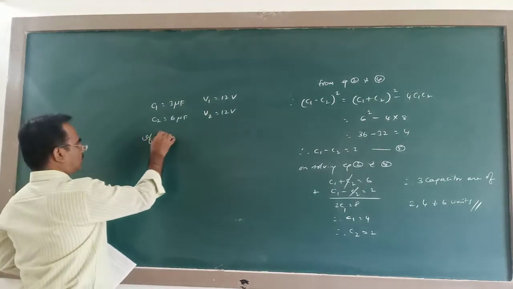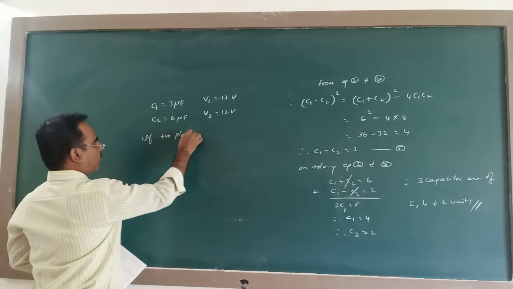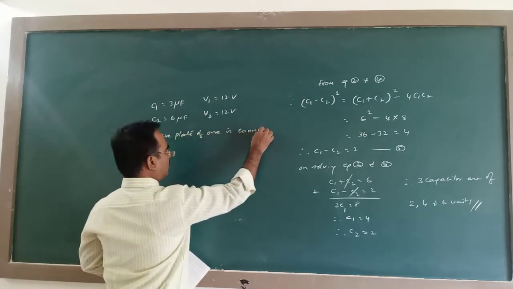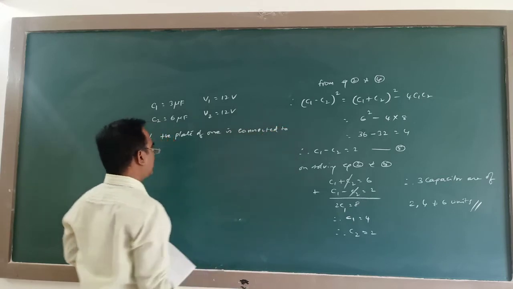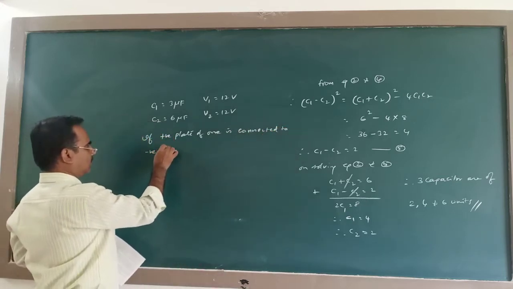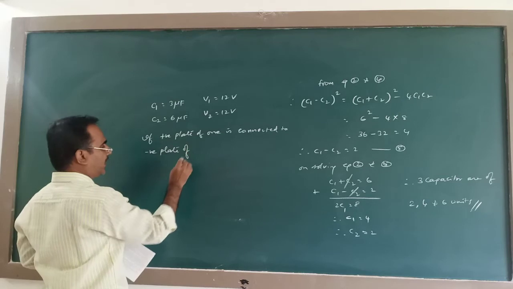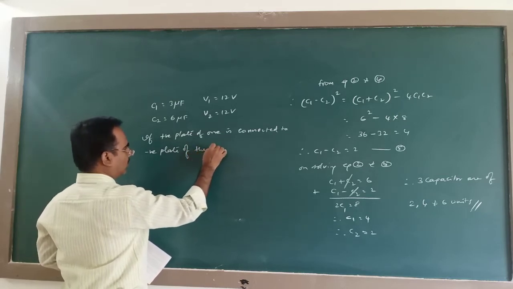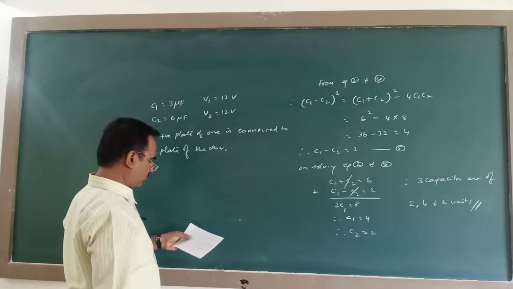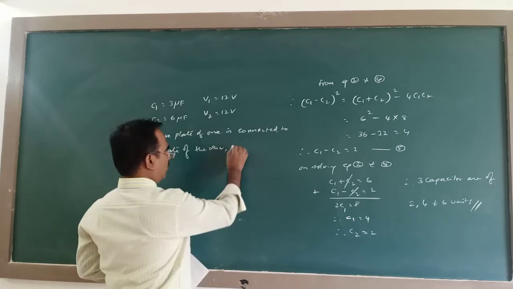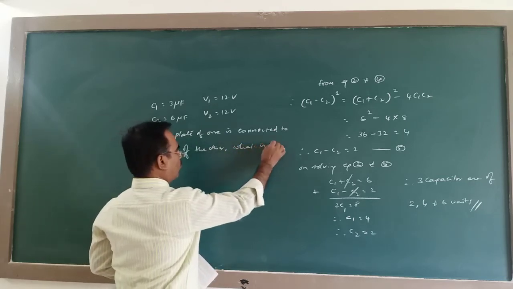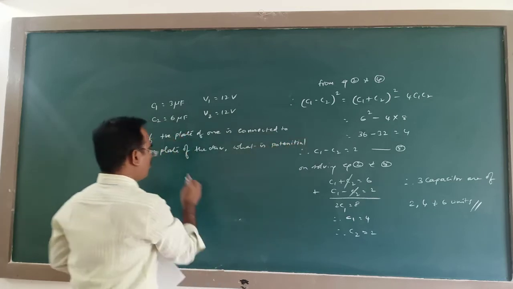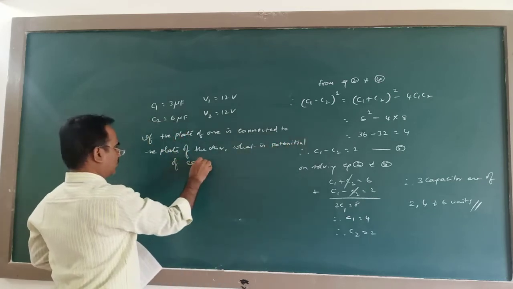So, if a positive plate of one is connected to the negative plate of the other, what is the potential of each?